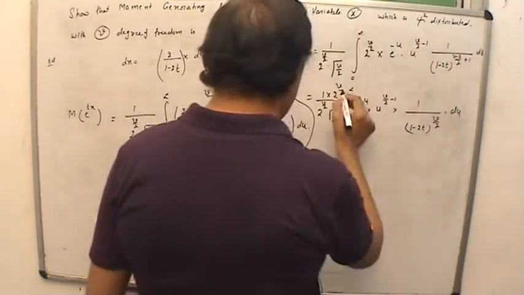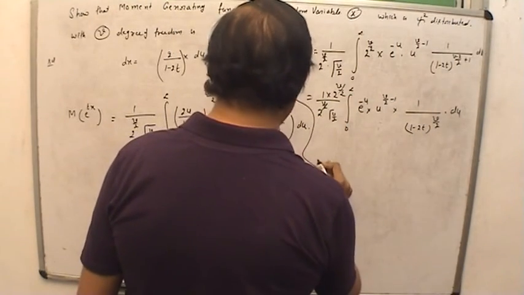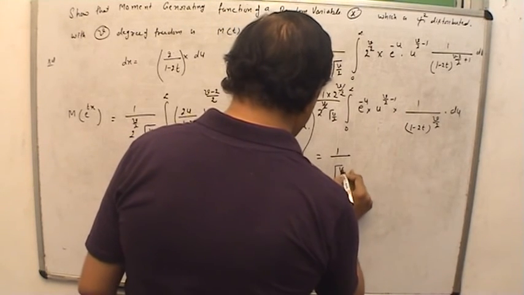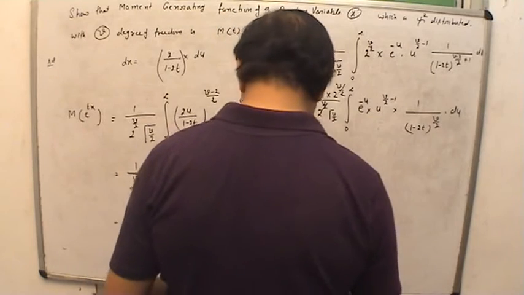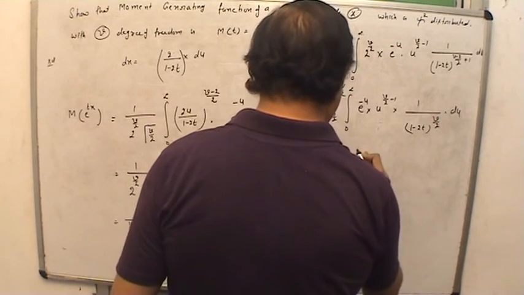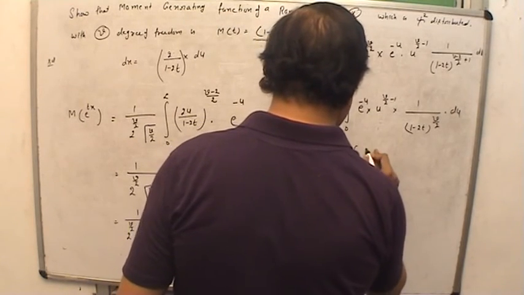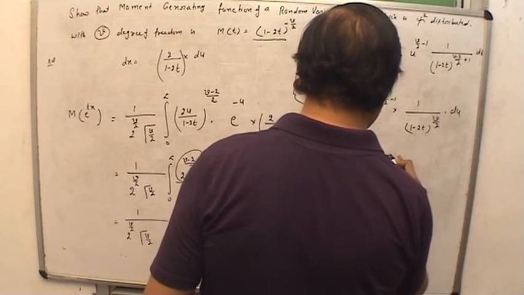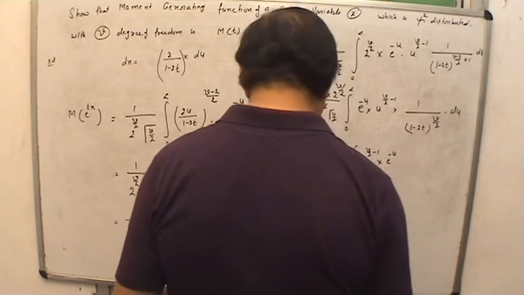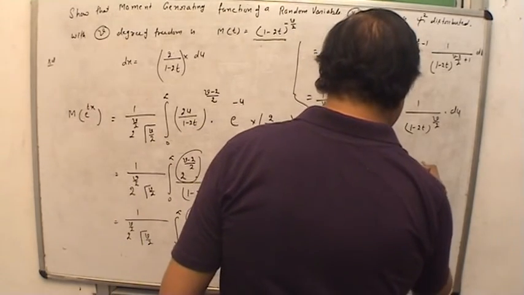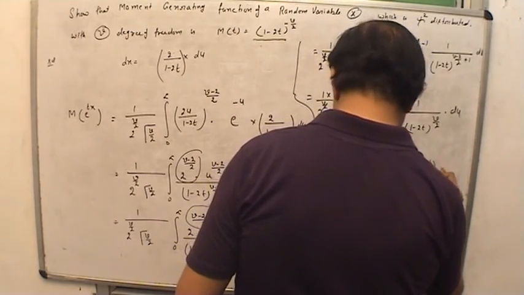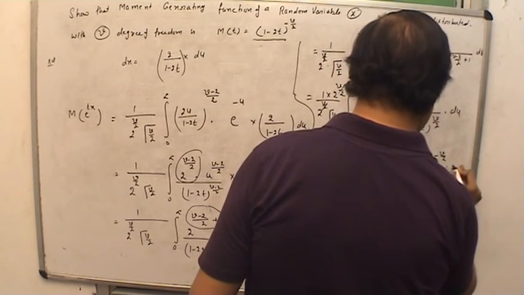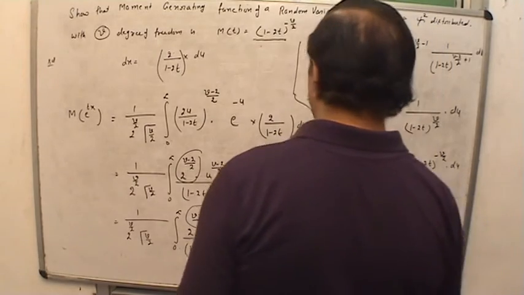Here it cancels, that gives 1 upon gamma function of v by 2 into u raised to the power v by 2 minus 1 into e raised to the power minus u into 1 minus 2t raised to the power minus v by 2 into du.